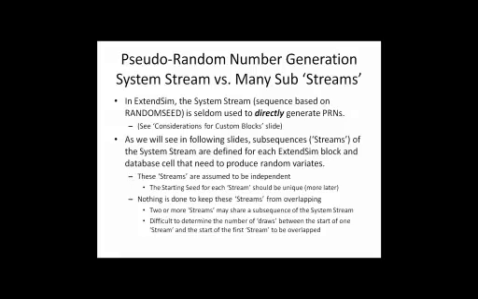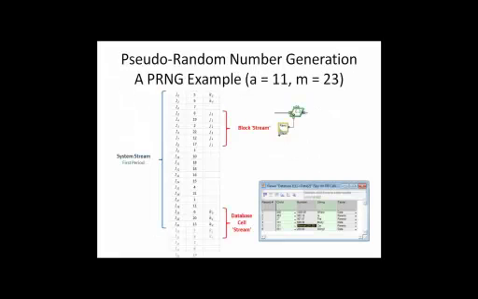And to illustrate what we've just gone through in the first three slides, I want to look at this particular slide in some detail. Here, what I've done is to select another instance of this minimal standard random number generator.